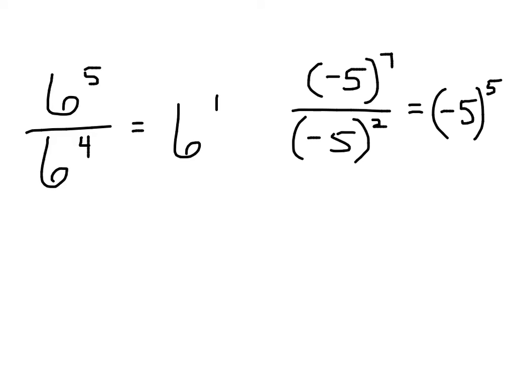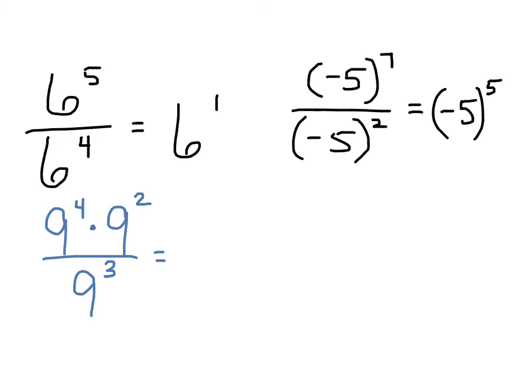The next one. This one's a little tricky. We got 9 to the 4th times 9 squared over 9 to the 3rd. This incorporates the rules that we had the previous couple days, doesn't it? Because do you see how I have times? That's a product. That's not a quotient. We haven't talked about products today, but we did a couple days ago. So the first thing that I want you to do is simplify the top if you can.